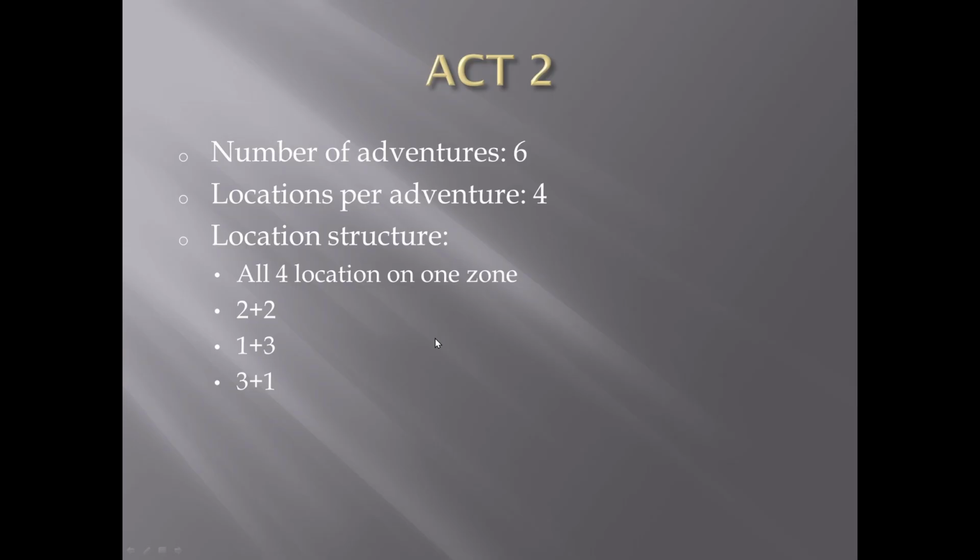So basically after 2 locations, players will take a long rest and then they will travel to the next zone with the 2 locations, right? Or we can go with the 1 plus 3 or 3 plus 1.